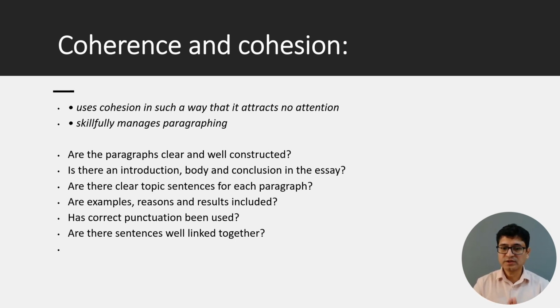Is there an introduction, body and conclusion in the essay? Are there clear topic sentences for each paragraph? Are examples, reasons and results included? Has correct punctuation been used? Are your sentences well linked together? If your answer is yes, you are going to get a good band on coherence and cohesion.